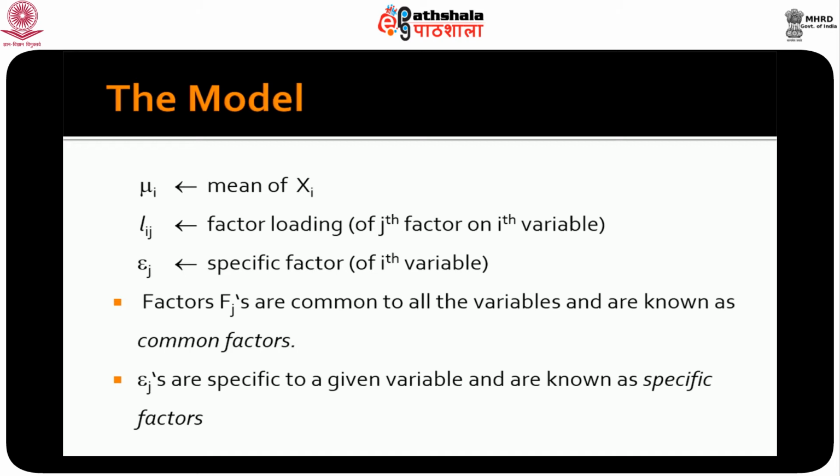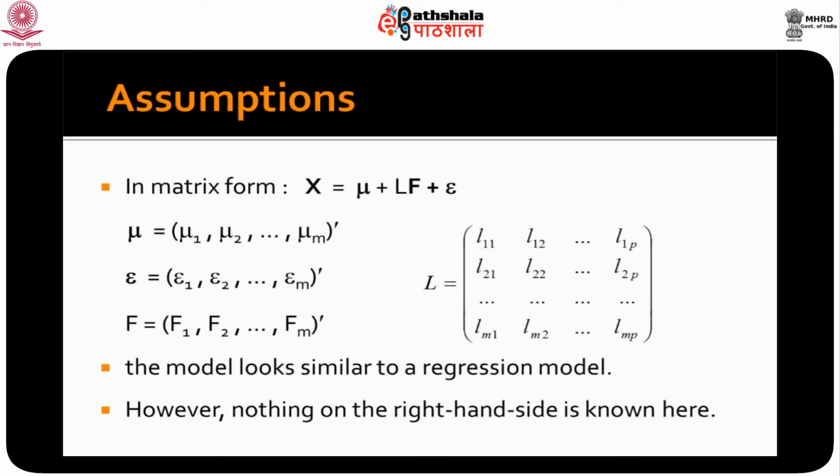So, there would be some specific factors related to each of these variables, which are not common with the other variables. So, the general factors are f1, f2, ..., fp, and the specific factors are the epsilons. We will be more concerned with the general factors, because we can reduce the number of variables by looking at the general factors, but the specific factors would not help us in reducing the number of variables. Next, let's look at the assumptions.